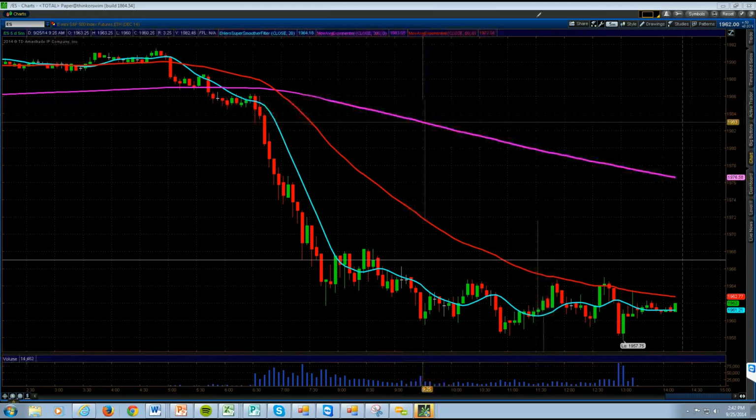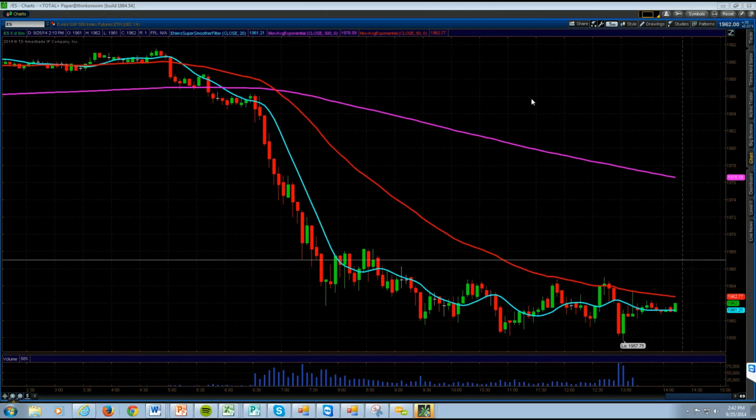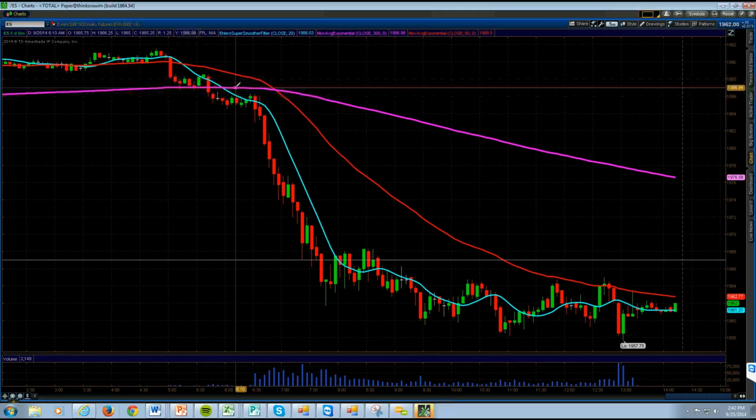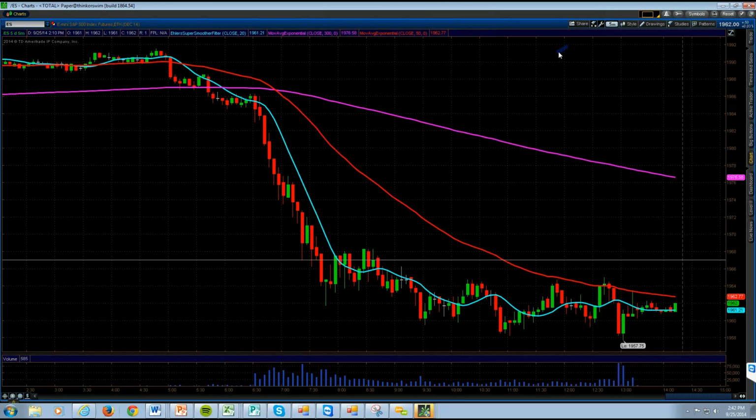So if we're taking a look at all of our momentum lines, let's just keep this in perspective here. We're looking at this, and this is flat. That's flat.